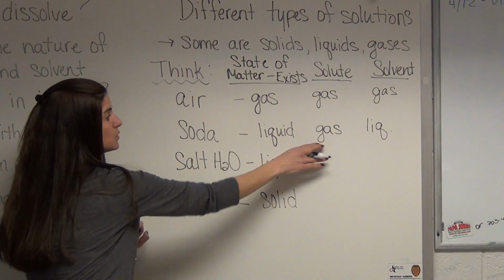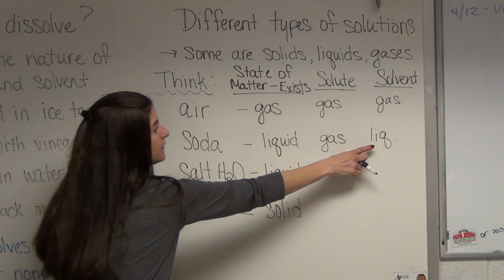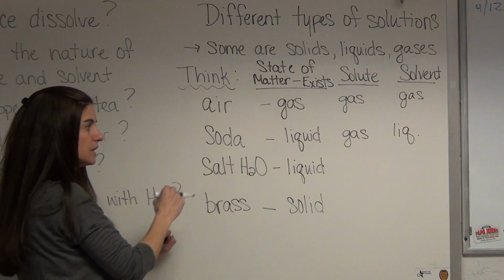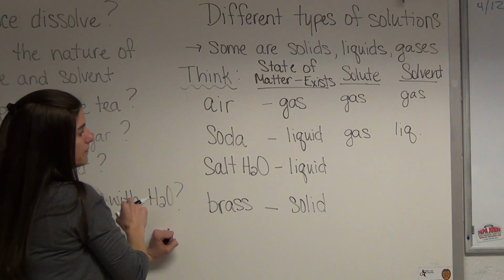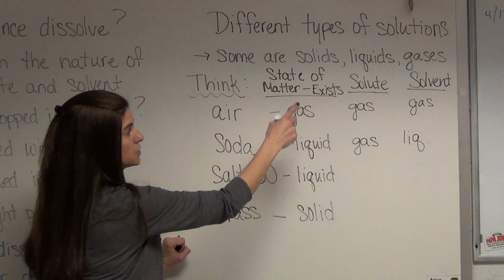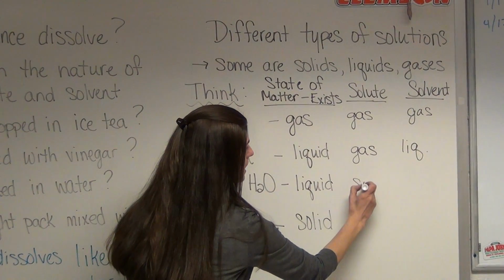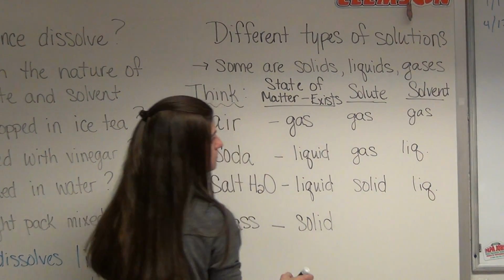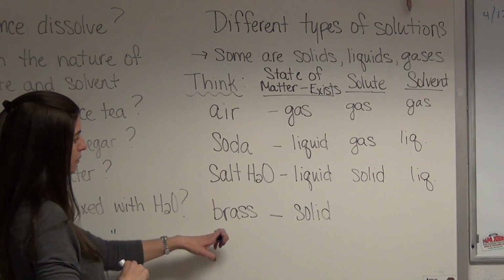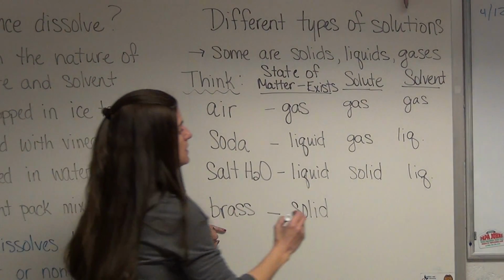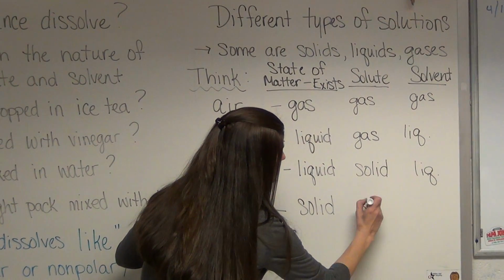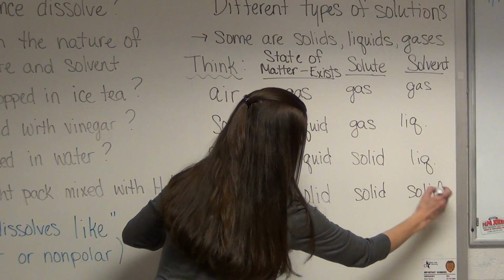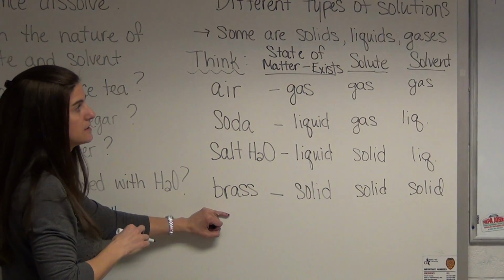So that gas was dissolved into the liquid to make a liquid. And when you pop the top, the gas is released. Salt water. We know it's a liquid. Well, what is it? The solute is going to be a solid. And it's dissolved into a liquid, which forms that liquid. Brass. 2 different metals dissolved. So we have a solid that's dissolved into another solid, and we have a solid at the end.